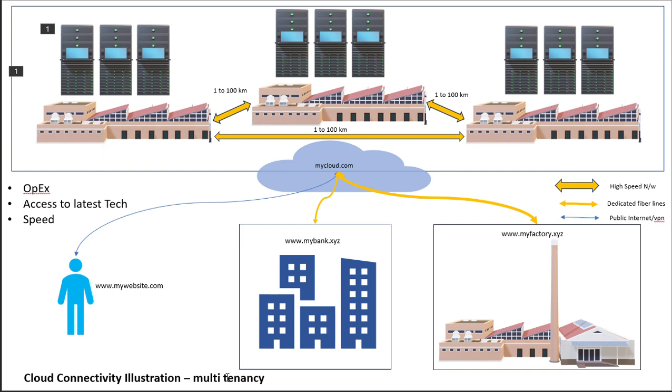Here you can see it's a multi-tenancy model. So an individual, or any other enterprise, say a bank or any manufacturing unit, they all can have their resources deployed on the same physical building, the same physical facility. Even their resources or applications may be running on the same rack.